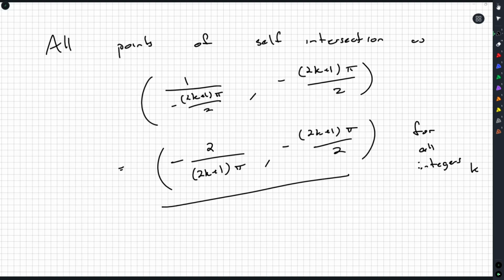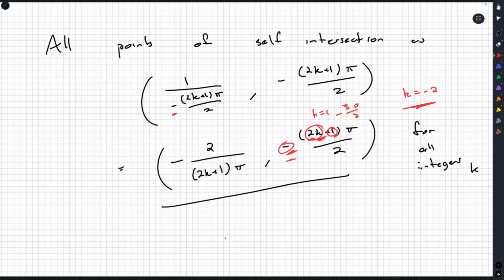Okay, great, perfect answer. No notes really, but if you wanted to, as I was saying, you can absorb the minus sign by choosing different k values. If k equals 1, for example, you get 2 times k plus 1, you get 3 pi, so you get negative 3 pi by 2. But if instead you chose k is negative 2, you'd have negative 4 plus 1, you'd have negative 3 pi, and you'll get positive 3 pi by 2. For each k value that gives you a negative, you can find another k value that will make the positive.